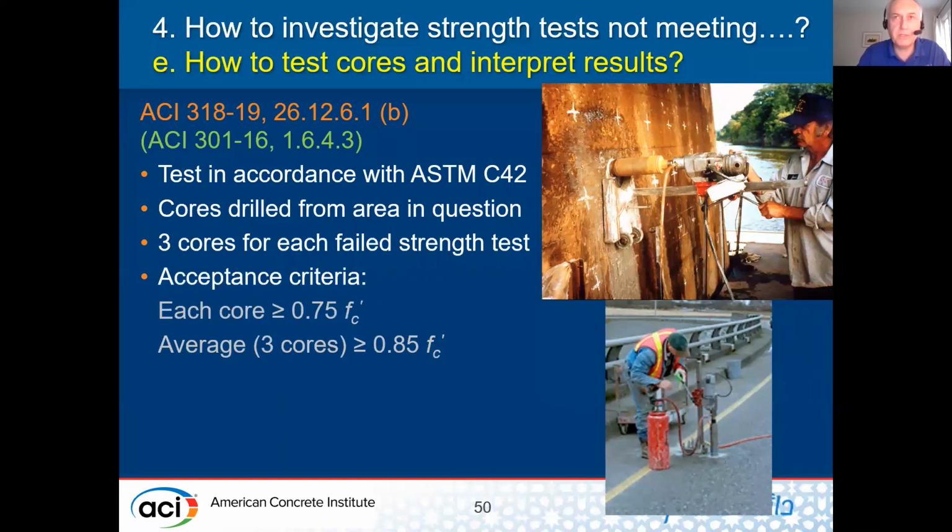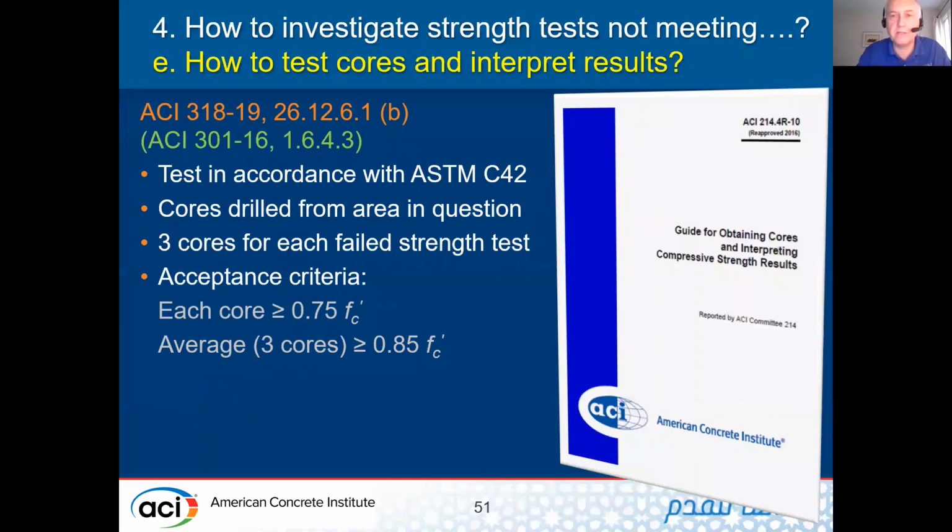The acceptance criteria are that each core strength has to be equal to or greater than 75% of the specified strength, and the average of those 3 cores has to be equal to or greater than 85% of the specified strength. Then probably you will have questions, okay, how about the diameter of the core, how about the moisture conditioning and everything else?